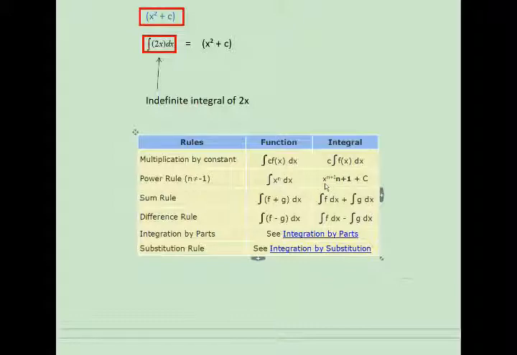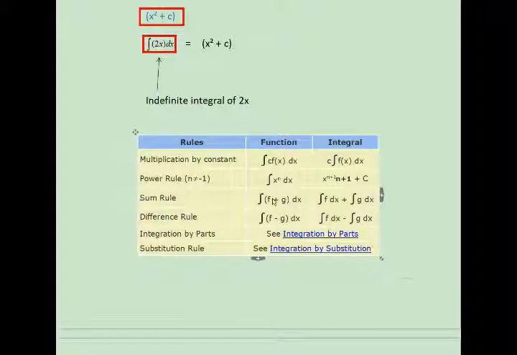For the power rule, this is the formula. For example, you have x to the power of n and you integrate it, you will get x to the power of n plus 1 over n plus 1, plus c.